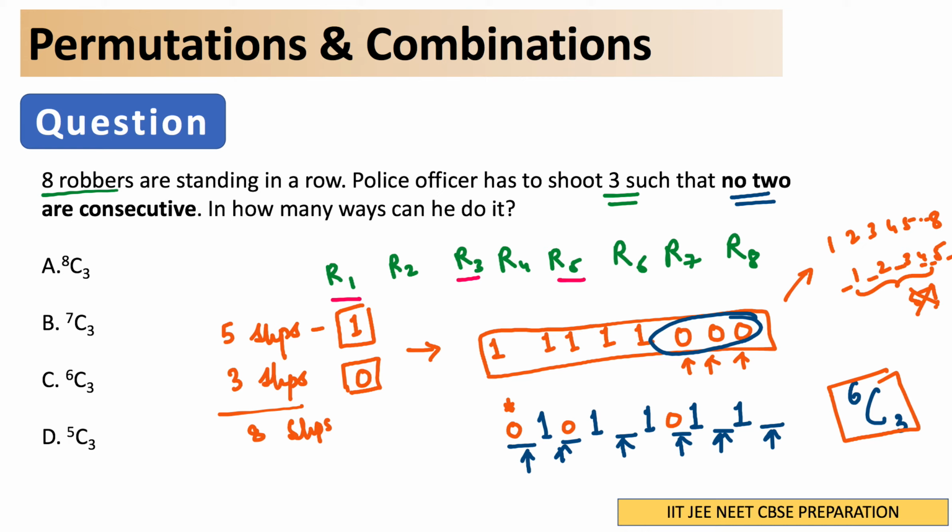Now you are placing, say, numbers 6, 7 and 8 in these 3 gaps. You could have selected the gaps in 6C3 ways, and then 6, 7, 8 themselves could have arranged amongst themselves in 3 factorial ways. But since in this case we have all zeros, 0, 0, 0, even that arrangement is not needed. So this is how we solve this question.